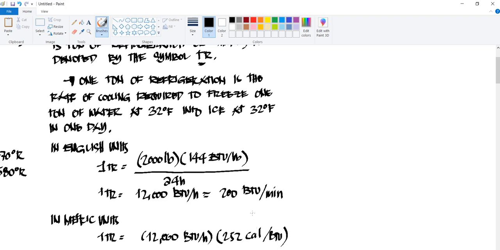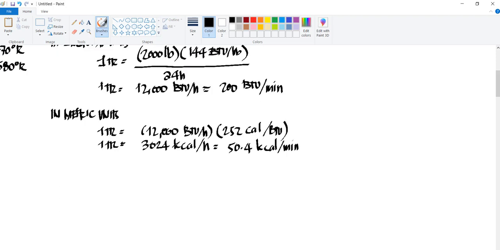We have your 1 ton of refrigerant is equal to 3,024 kilocalorie per hour, or that is equal to 50.4 kilocalorie per minute.